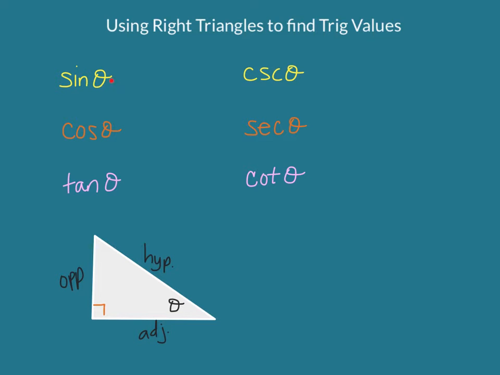All right, so the sine of theta is always the opposite side divided by the hypotenuse, and cosecant is just the reciprocal of sine, so it is the hypotenuse over the opposite. Once you find sine, you flip it to find cosecant. Sine and cosecant are reciprocals.